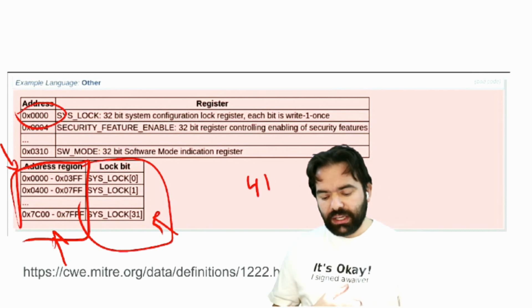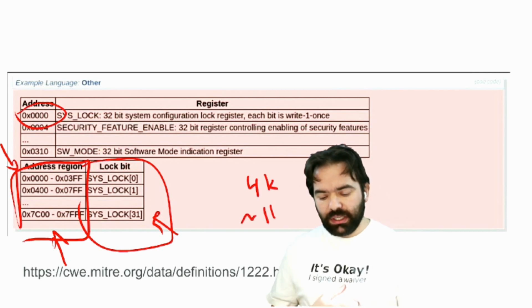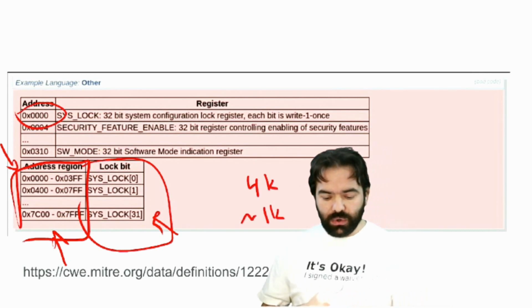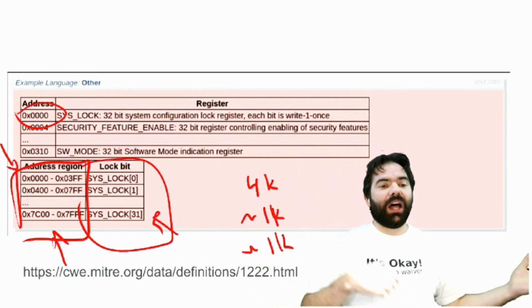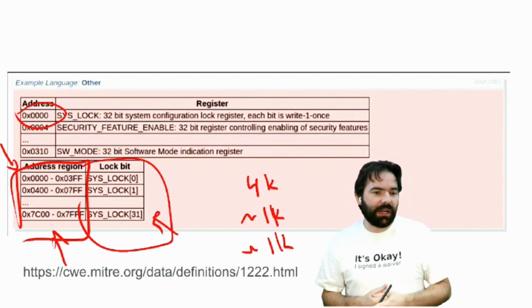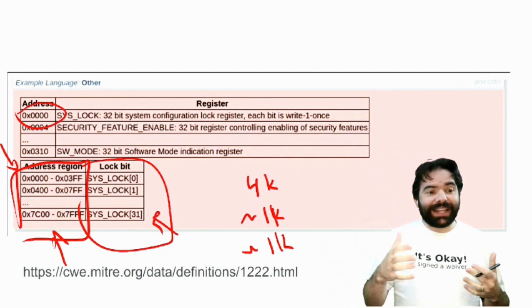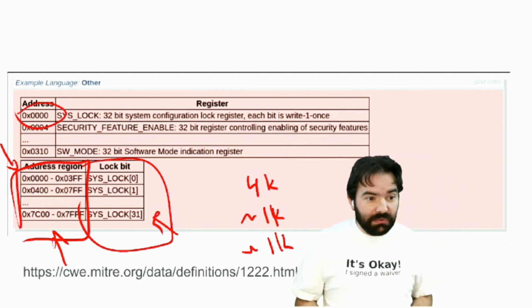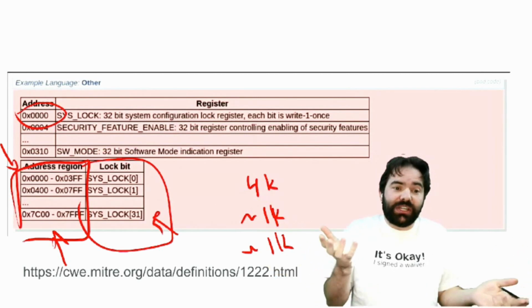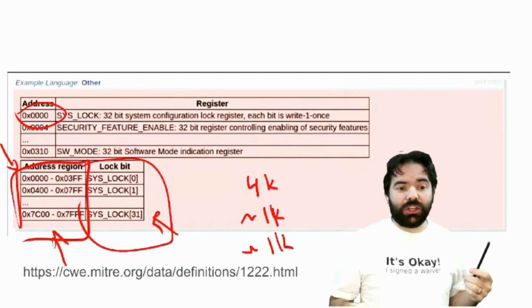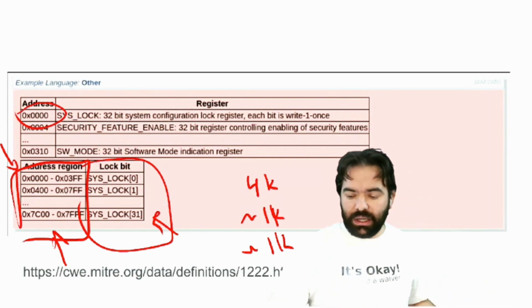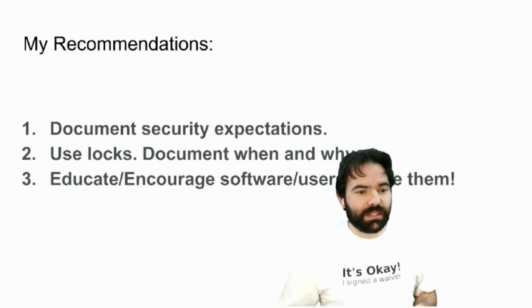Well, if you don't want to lock 4K of memory, you only want to lock 1K of memory, or you need access to a specific 1K of memory, which means you can't lock the adjacent 1K regions, right? There might be a situation where this granularity isn't good enough. You might need 64 bits. You might need more. You might actually need less. It's a balancing act to get the level of granularity that you need to lock things down, along with reduced complexity so users actually use those lock bits.